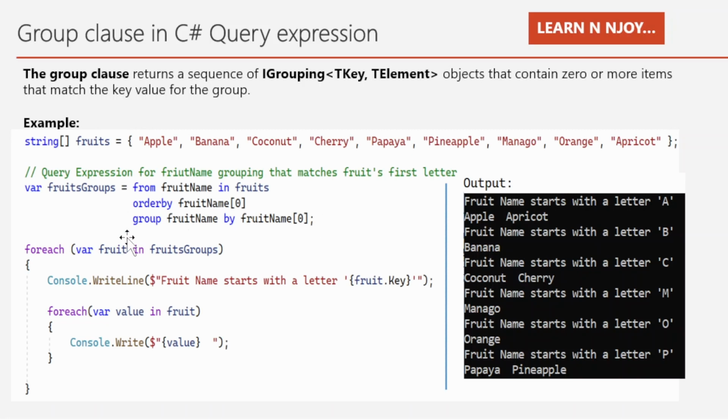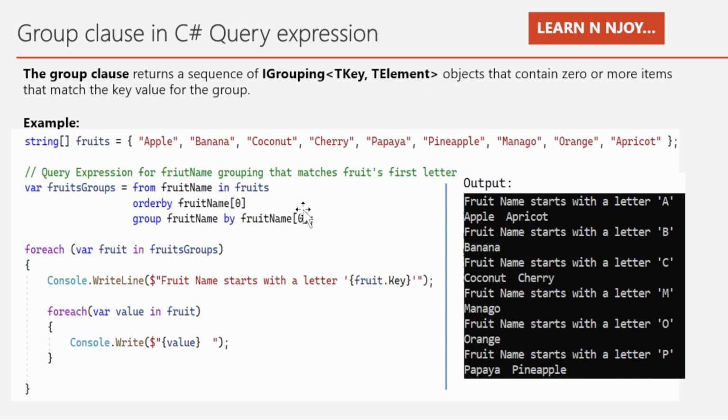If you see this group clause, we have written fruitName[0]. Basically fruitName is nothing but a string, or in other words, a character array. So I just want to fetch based on the first character of that fruit name, right? That's why I have written fruitName[0]. It is just going to work as a key, because the grouping works with a sequence of IGrouping<TKey, TElement>.